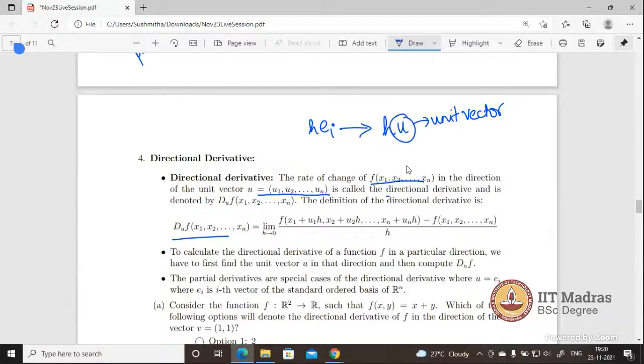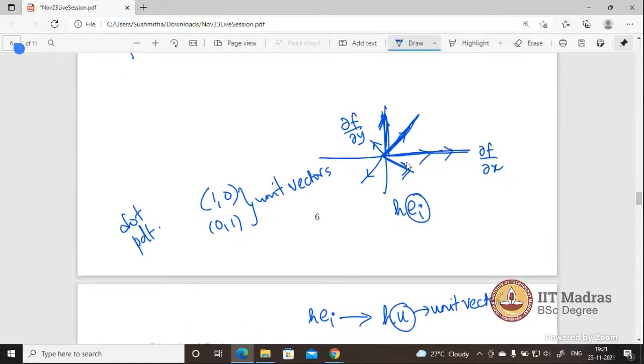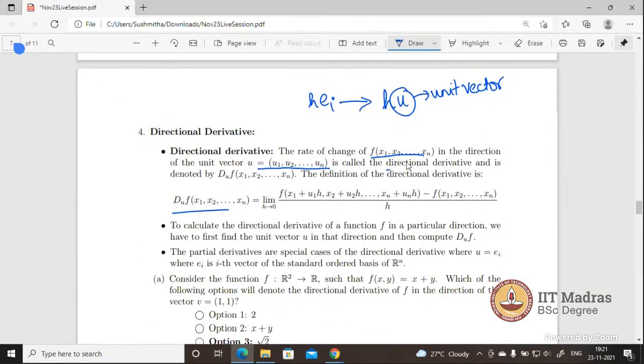So what are we doing in partial derivatives with respect to x and y? We are checking the rate of change along the x direction, along the y direction, right? Yes, ma'am. With directional derivatives, you check the rate of change along a direction other than the standard directions. It's the same limit definition.